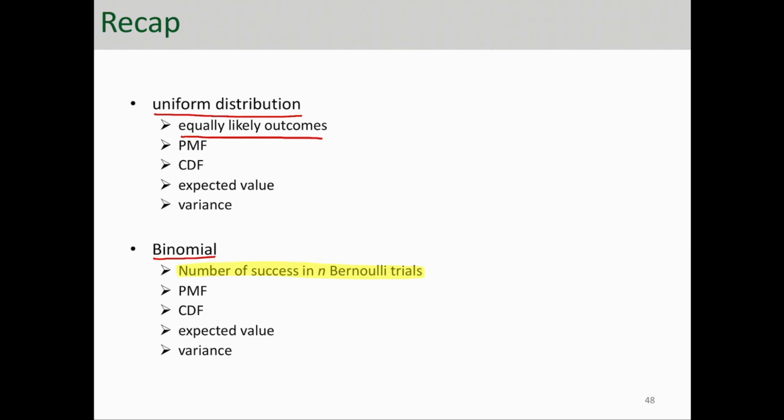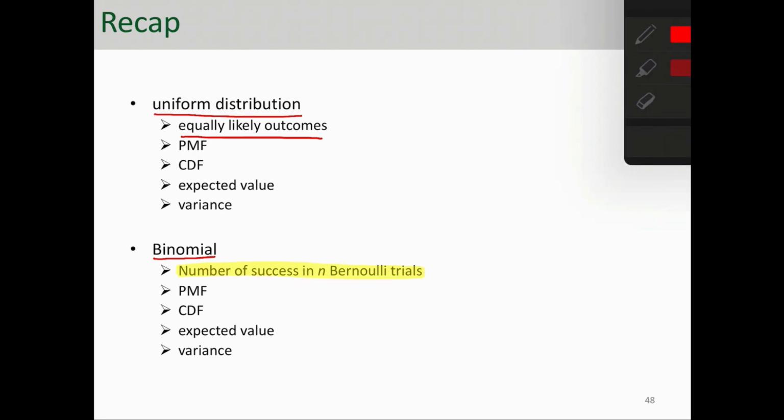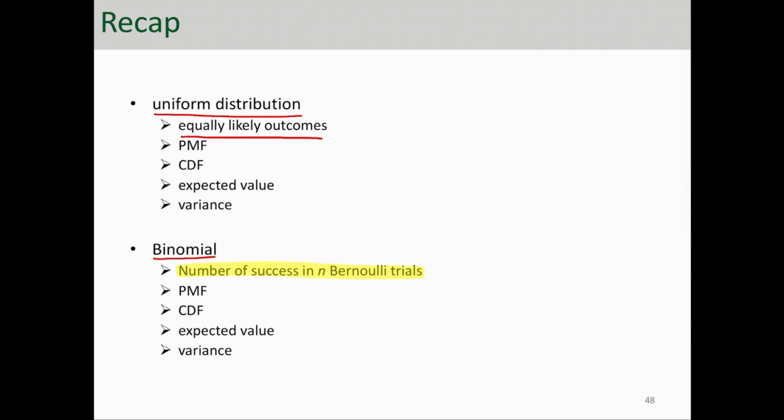And I want you guys to read this statement a couple of times because in the next slide, once we start talking about negative binomial, I want you to be able to contrast between these two. So binomial is number of successes in n Bernoulli trials. And we also talked about PMF, CDF, expected value, and variance of this random variable.